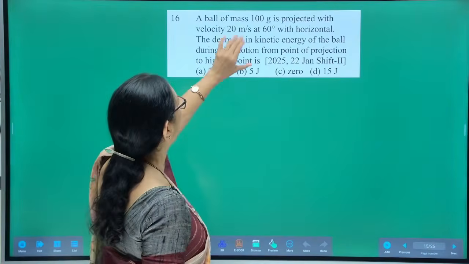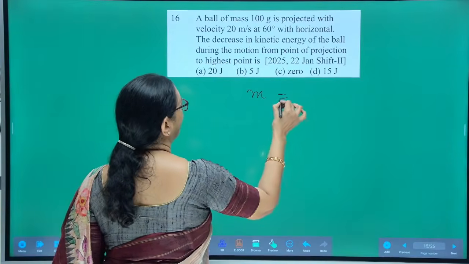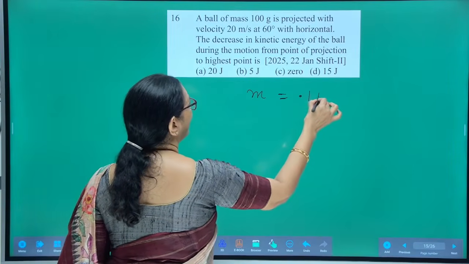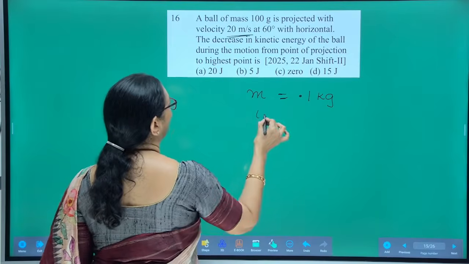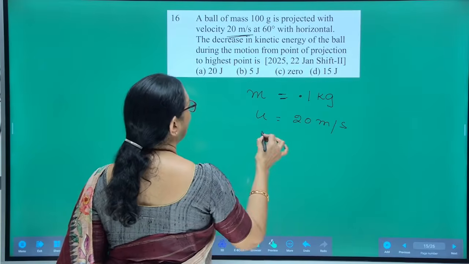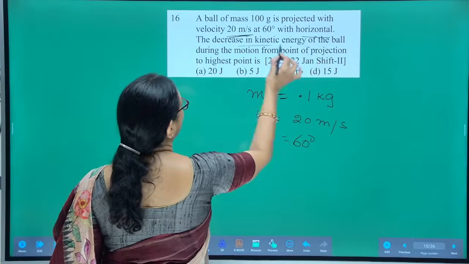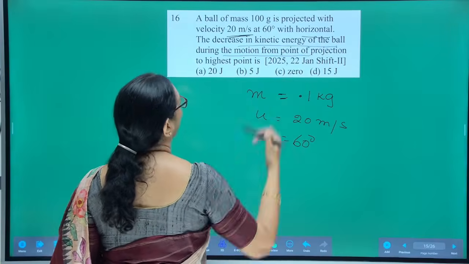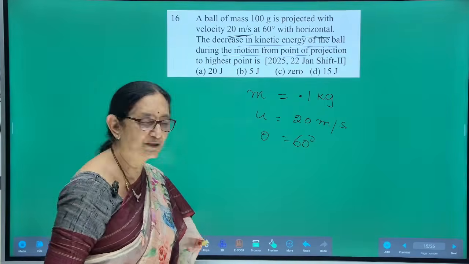Okay, a ball of mass 100 grams. Mass is given as 100 grams or 0.1 kg. It is projected with a velocity 20 meter per second at an angle 60 degrees to the horizontal. Decrease in kinetic energy during the motion from the point of projection to the highest point.